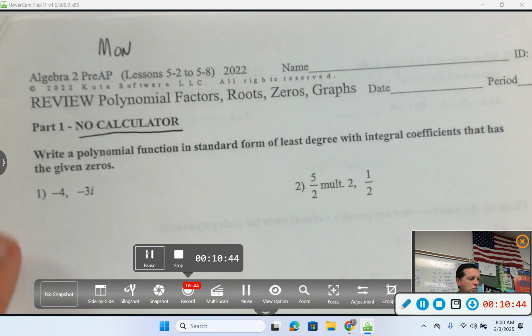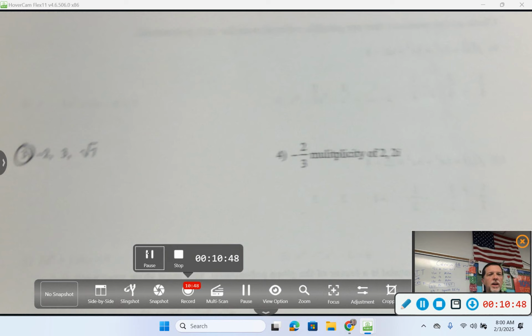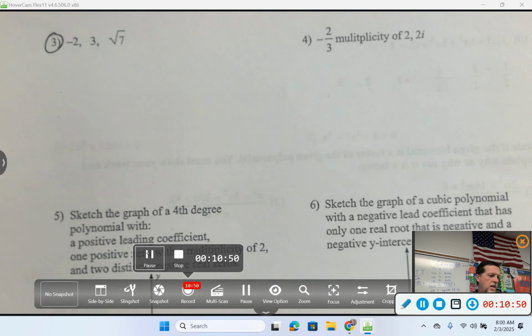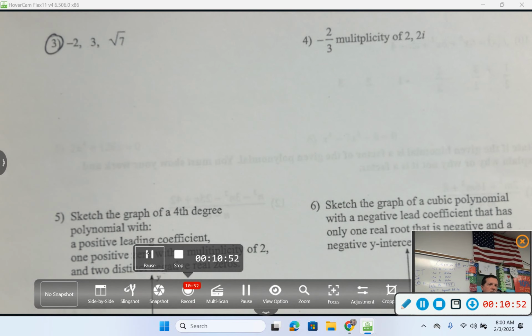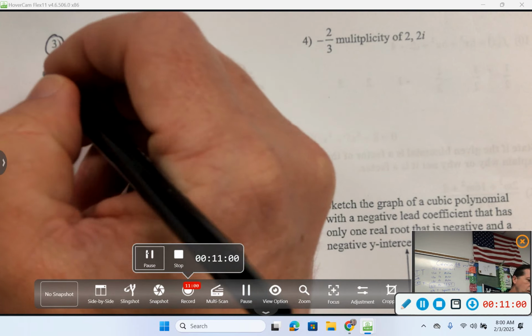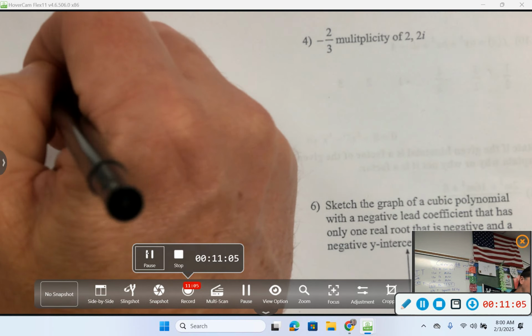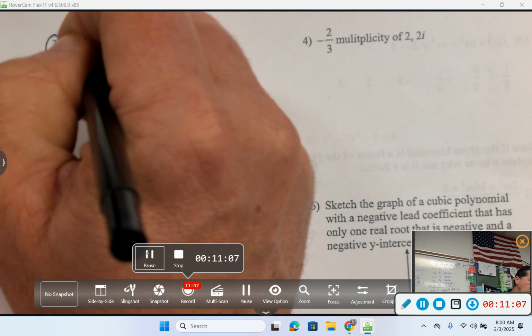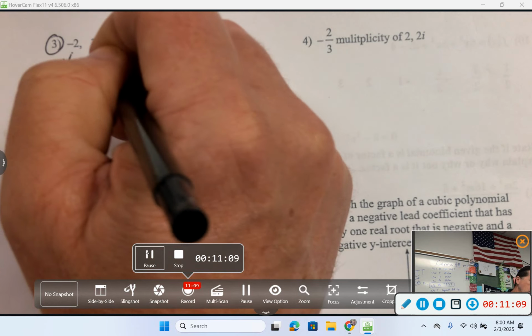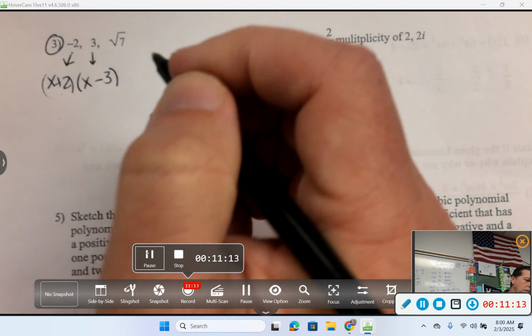Do you remember how to write a polynomial function? Let's skip down to number 3. Oh, yes. So it's like going backwards. Like, here's the answer, let's play Jeopardy. What was the question? So if negative 2 is the answer, what was the factor? x plus 2. And if 3 is the root, what was the factor? x minus 3.